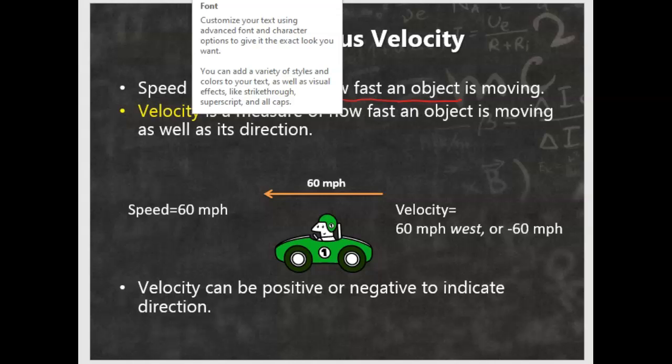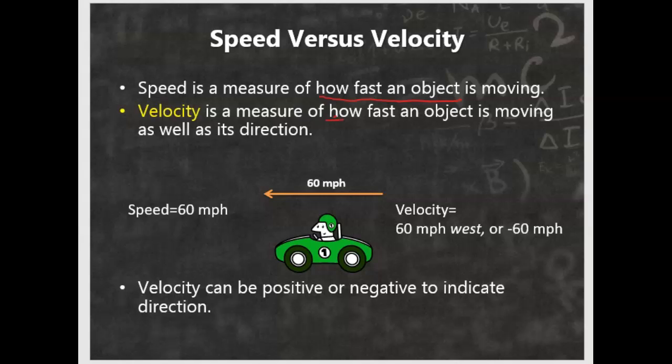Velocity is pretty much the same thing, how fast we're going, but we also include direction. So velocity is a vector. Velocity has direction associated with it, speed does not. An example of a speed might be 60 miles per hour. An example of a velocity might be 60 miles per hour west.